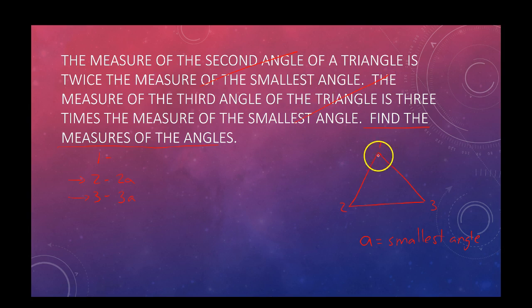Well, I'm still missing, what is angle 1? Angle 1 must be the smallest. Angle 2 was compared to this, angle 3 was compared to this. So A is angle 1. But we might be sitting there thinking, okay, now what do I do with that?